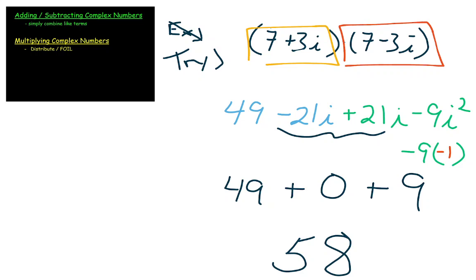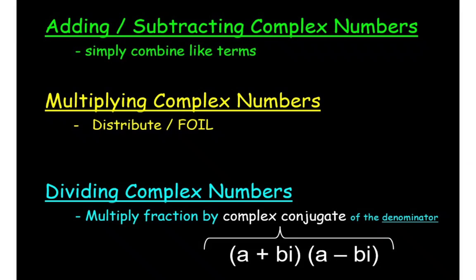And look what happens when you multiply conjugates. You guys are going to come to learn that when you multiply conjugates, you always end up with a special result. You end up with a regular real number. So, it appears that to do a division problem, we're going to have to use conjugates. Now, written out with some symbols, we would say that that would be like having a plus bi, but then a minus bi.